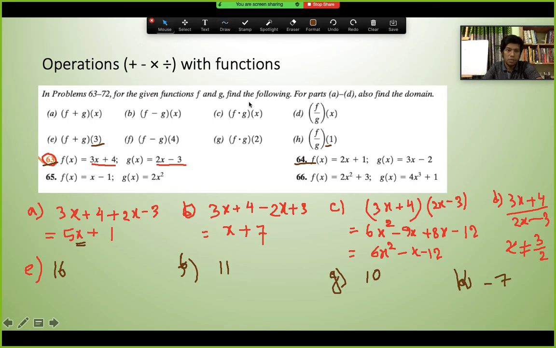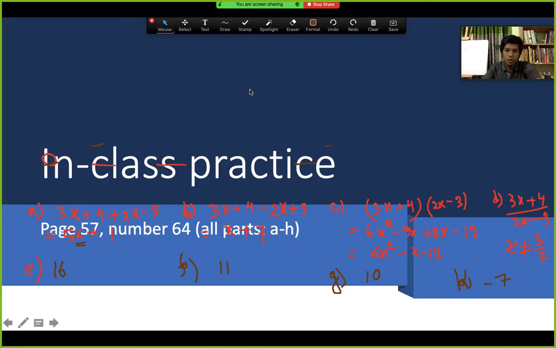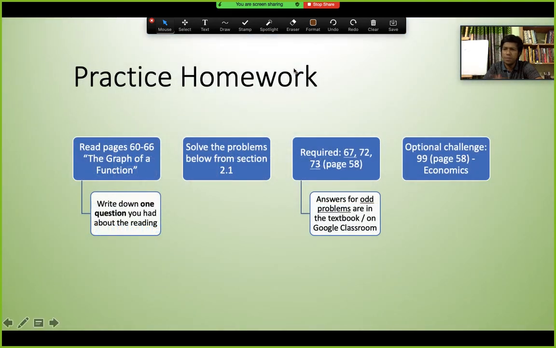This is how we can actually do it. Or you can choose some new problems also. You can practice these from section 2.1, the same sections that we are talking about.